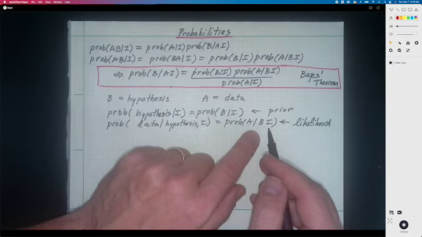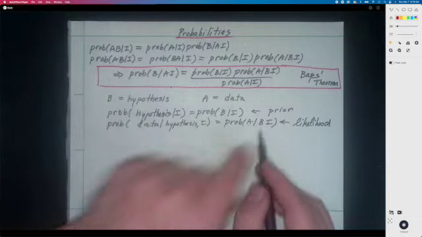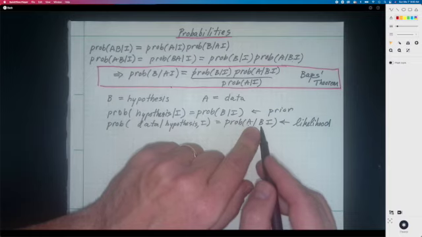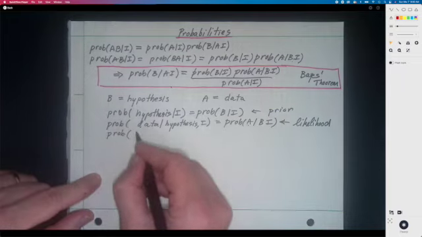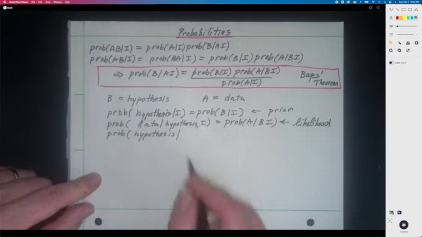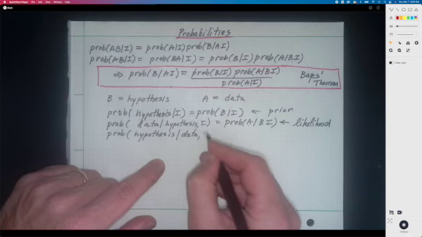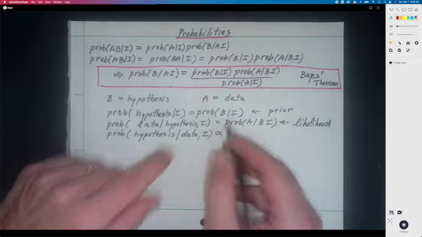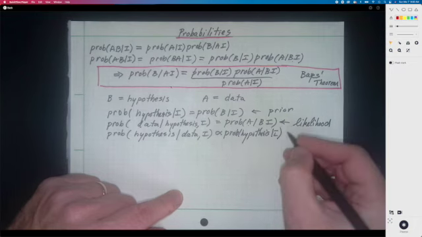And now what we're going to do is flip it around and use Bayes' theorem to get, on this side, the probability of the hypothesis that the ocean is warming. So this becomes the probability of the hypothesis B conditioned on the data A and the background information, which is going to be proportional to this prior probability times the likelihood.